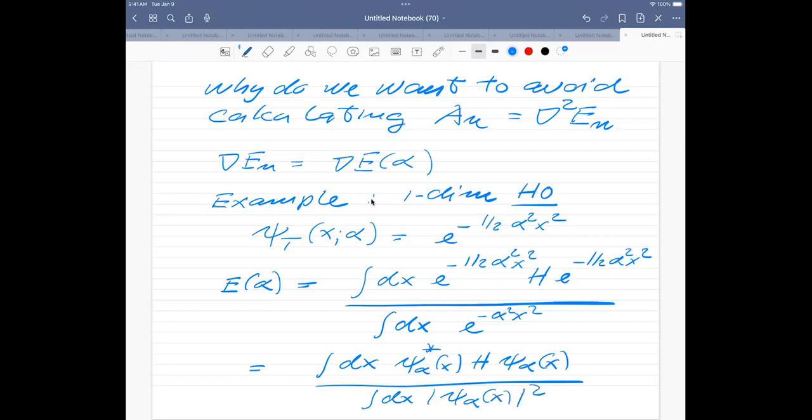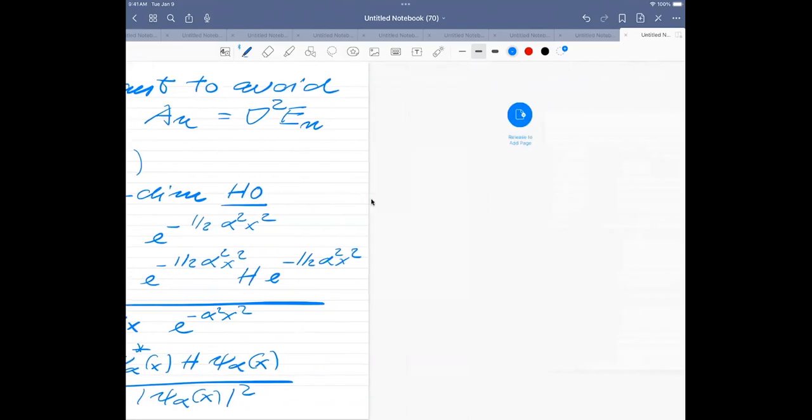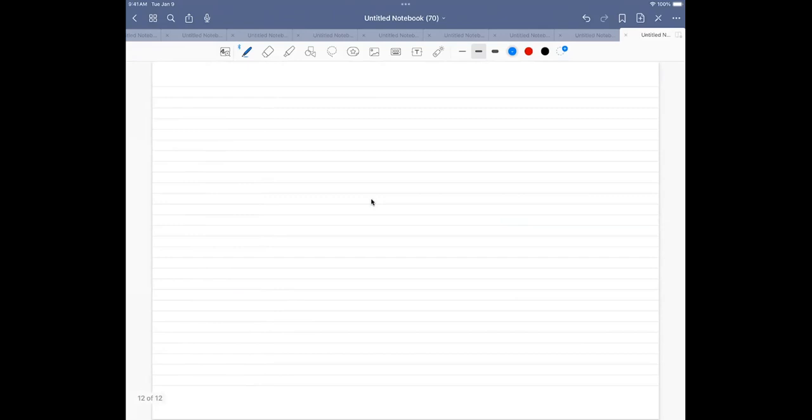You see that when we take the derivatives, we can take them inside the integration sign without problems, because the integration does not involve alpha. So let's just do that. We need now dE with respect to this parameter alpha.